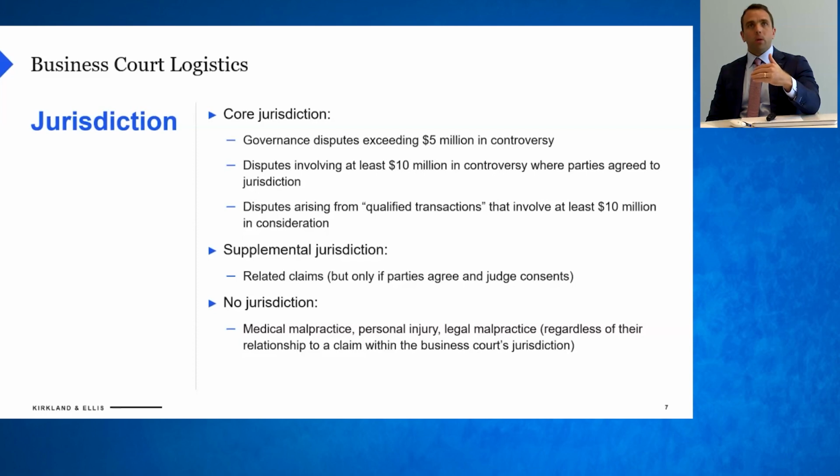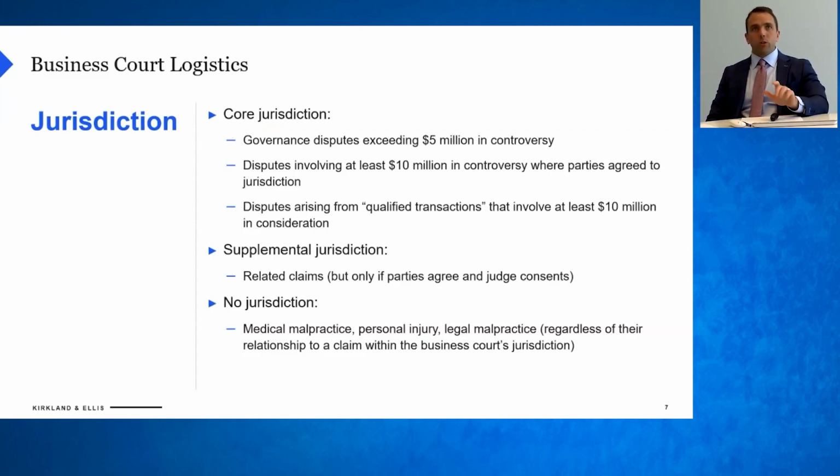And the director or officer has countersued for breach of an employment agreement, right? The court would potentially have related jurisdiction over that claim. Or if you have a breach of fiduciary duty claim against a corporate director and officer and you have a fraudulent transfer claim, there potentially would be related jurisdiction.